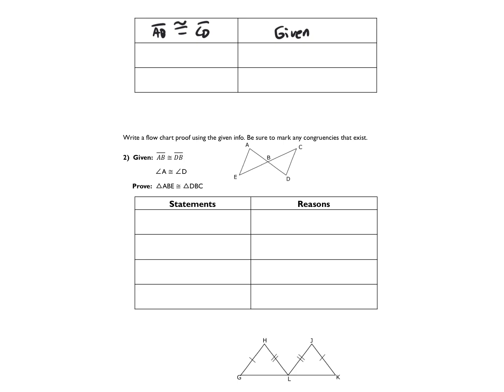Put that there. Segment BD is congruent to itself, segment BD, and that is the reflexive property. Technically, it's the reflexive property of congruence.